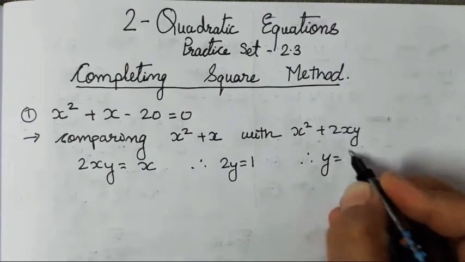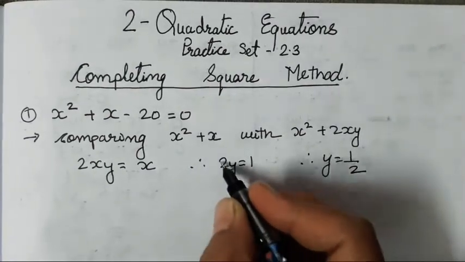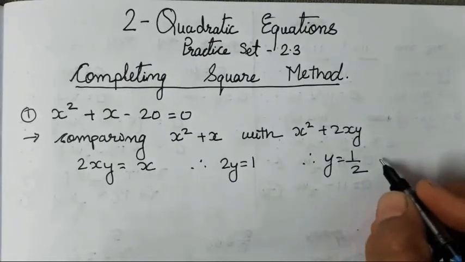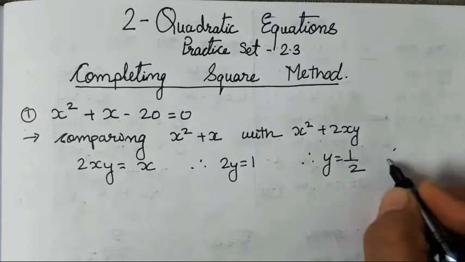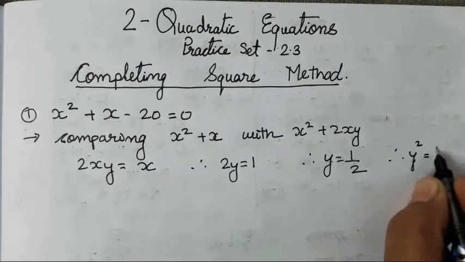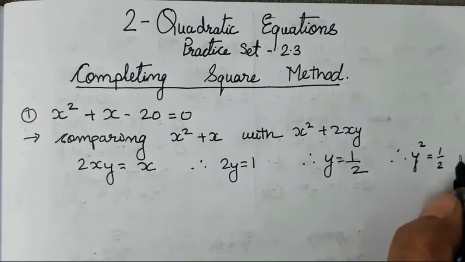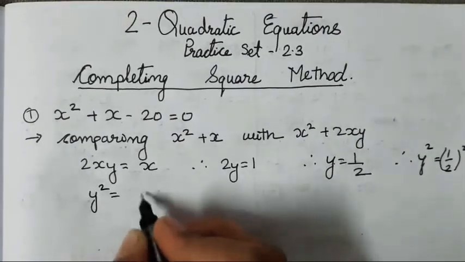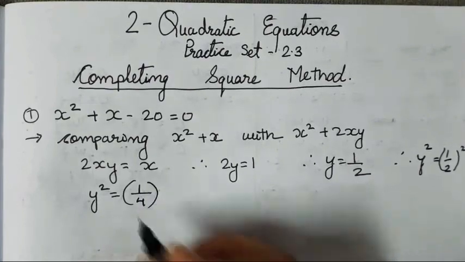Therefore y is equal to 1 upon 2. 1 will remain over here, 2 will move to the right hand side. Now we have to take the square of both the sides, means y also square and half also square. So this will change to y square is equal to 1 upon 4.